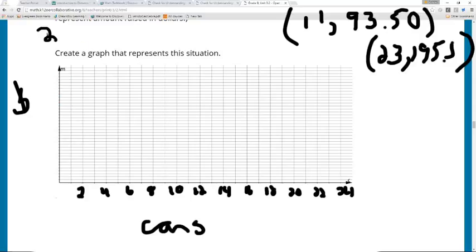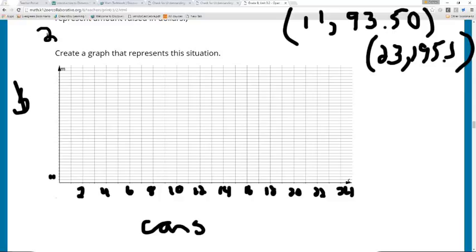So I'm going to go by fives, but I'm going to do the same thing I did before. I'm going to skip so that I'm actually putting every 10. So this is 10. That doesn't look very good. I don't like it. I'm going to make my pen thicker or thinner.